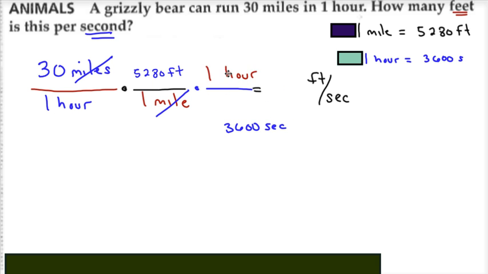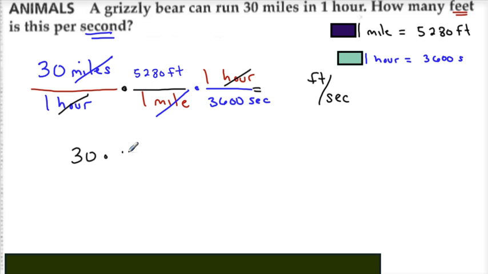Opposite way around. 1 hour in my numerator, because now if I have hours in my denominator and hours in my numerator, I can simplify those. So now what am I left with? I'm left with 30 times 5,280, and my units are just feet. In my denominator, I'm left with 1 times 3,600, or just times 3,600. And if we have a calculator, that will be very handy.